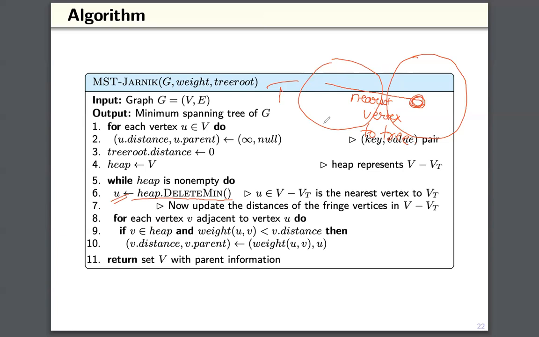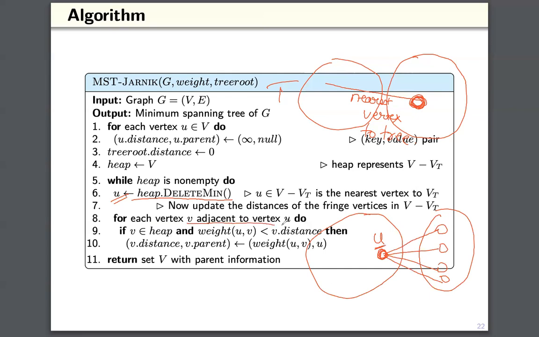So how do you update the distances? For each vertex V adjacent to vertex U, assume that you have pulled in that U. Now you pulled in that U. That means you want to update all these distances. So update the distances of all the nodes that are connected from U. So for each vertex V adjacent to vertex U, if V is in the heap, that means it should be here.